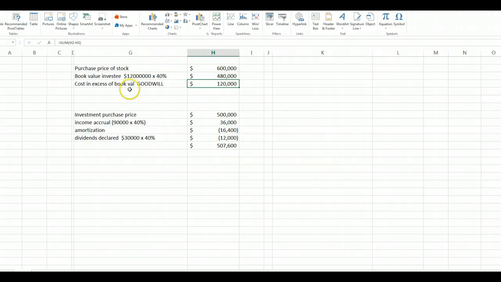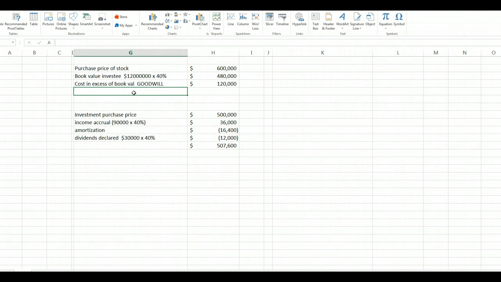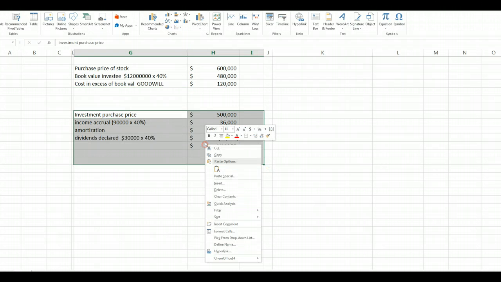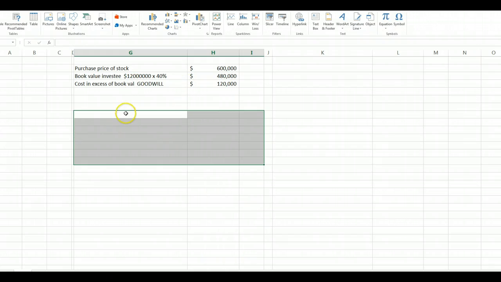So there is no annual amortization on this 120. If we knew that the excess was a patent that had a useful life, that would be different, but the goodwill is indefinite.